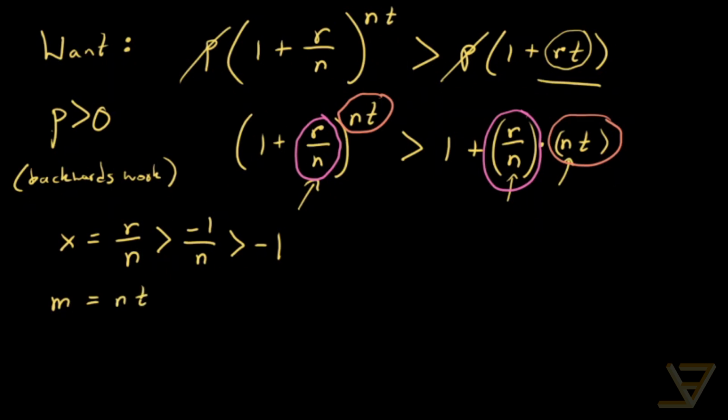And we're going to have to put a restriction on these variables, but what I want to tell you is that this ends up becoming 1 plus x to the power of m is greater than 1 plus mx. And for those of you who've seen Bernoulli's inequality, we actually have a video on this that we posted earlier. This is Bernoulli's inequality.